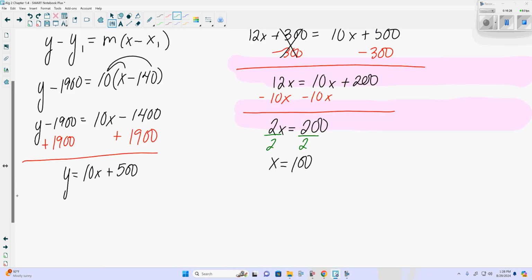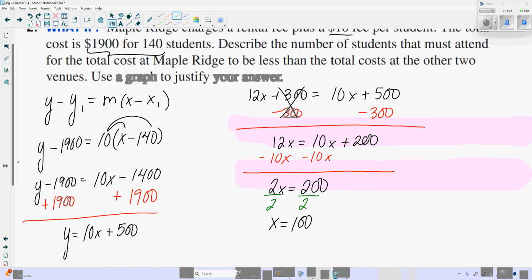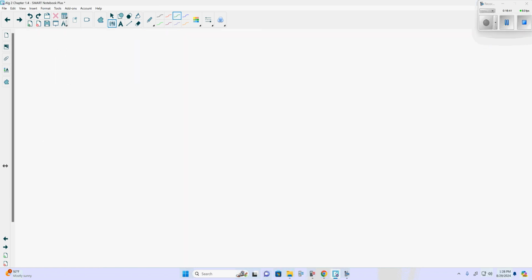All right. So we good on that one there? Yes? Now we need to figure out Maple and Sunview, yes? All right. 10x plus 600 is equal to 10x plus 500.